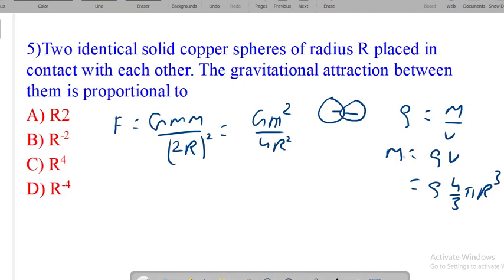So we substitute this in the value of m, and what we get is G, this is rho, 4 by 3 pi r cube, the whole square, upon 4r square.